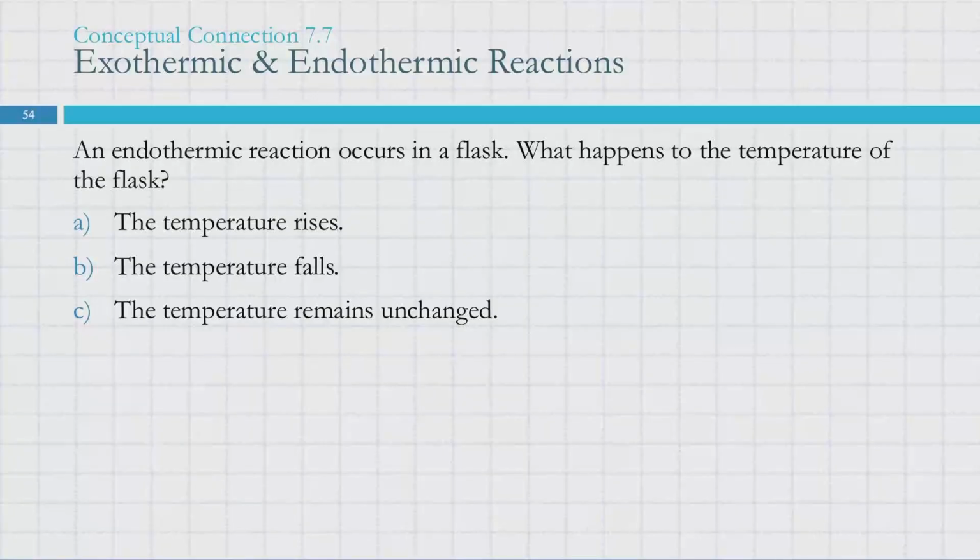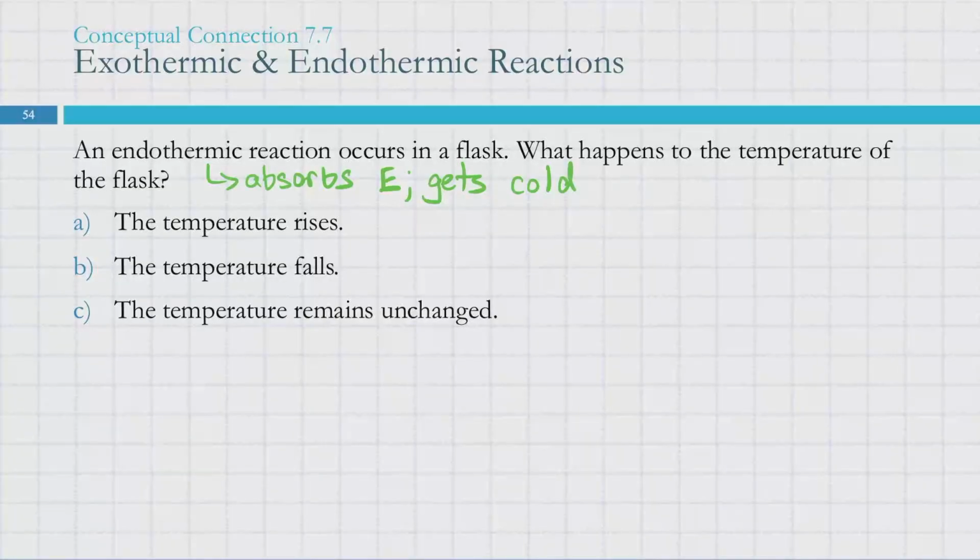Looks like we're mostly signaling in. So this absorbs energy. When it absorbs energy, what's that going to feel like? Is it going to be cold or hot? It's going to be cold. So it absorbs energy, so it gets cold.